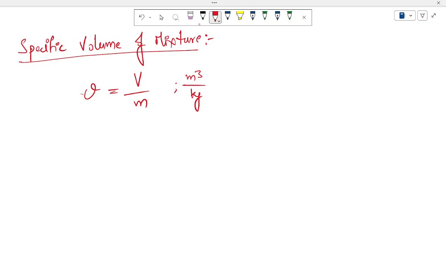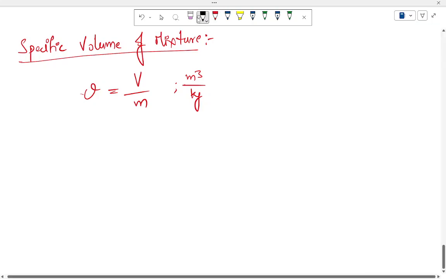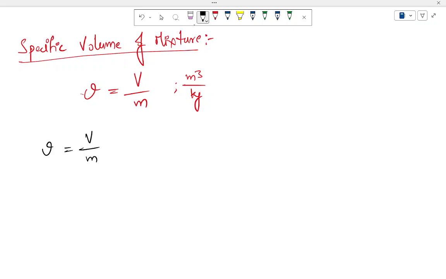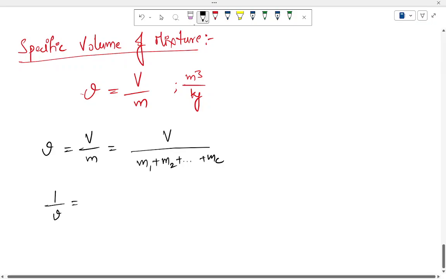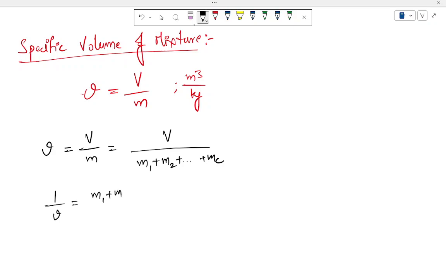So small v is equal to capital V by M, which is equal to V by M1 plus M2 plus so on plus MC. This is how I can express it. And now the same thing I will write like 1 by v here. Why I am writing it, you will understand in the next steps, so bear with me for now.